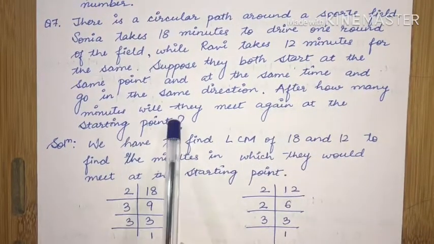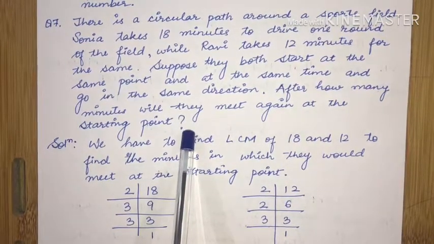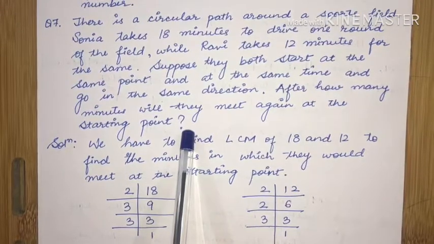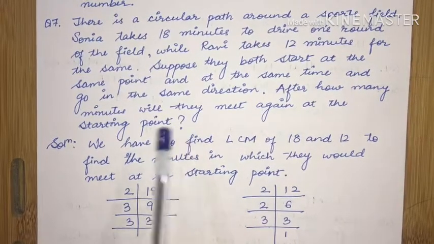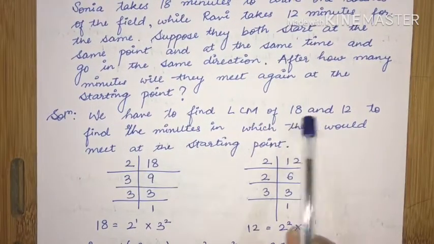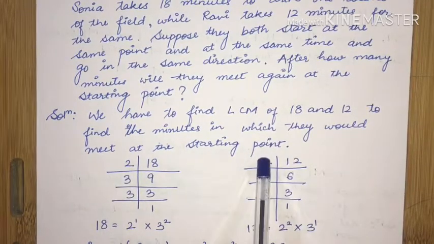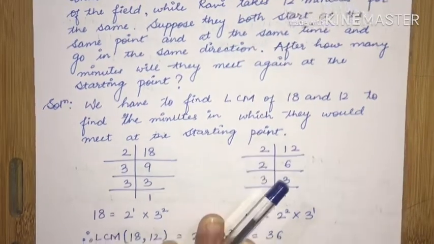After how many minutes will they meet again at the starting point? So we have to find the minutes in which they'll meet again at the starting point. In order to find the answer, we have to find LCM of 18 and 12 to find the minutes in which they would meet at the starting point.